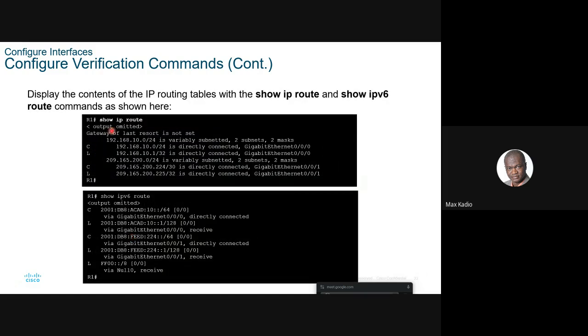Show ip route. It will display the list of networks or directions the router knows about. I did post a video on how to configure it, but we'll do that chapter also, so no worries.